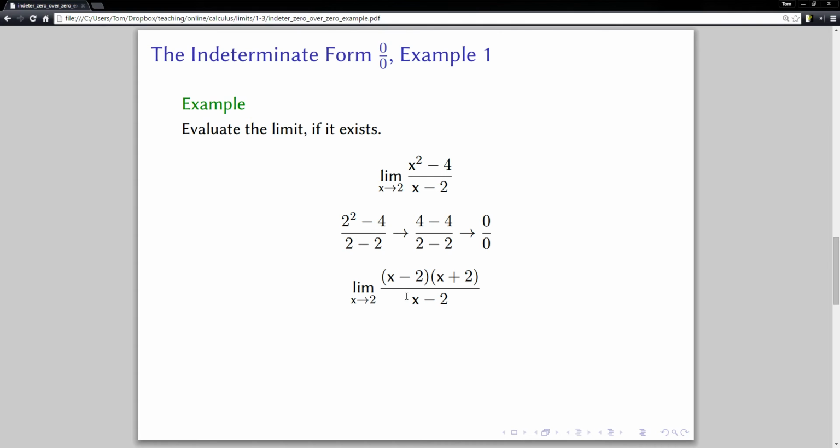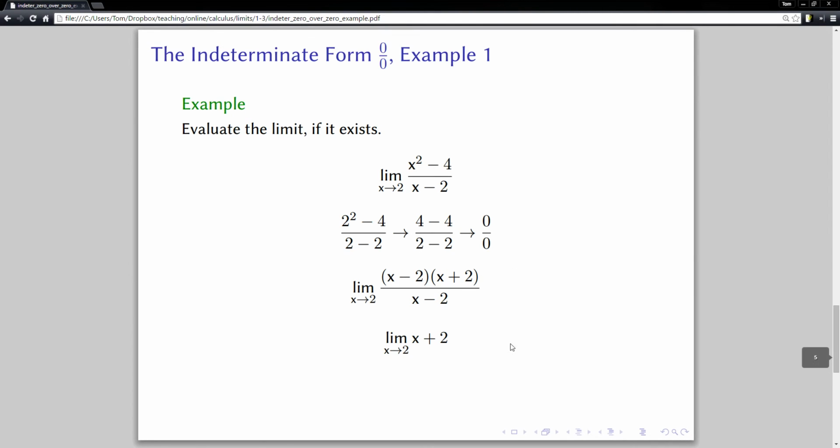So the limit doesn't care what happens exactly at 2. For any other number besides 2, like 2.1, 2.01, or whatever, this will be exactly equal to 1. So we're going to cancel these two things out.